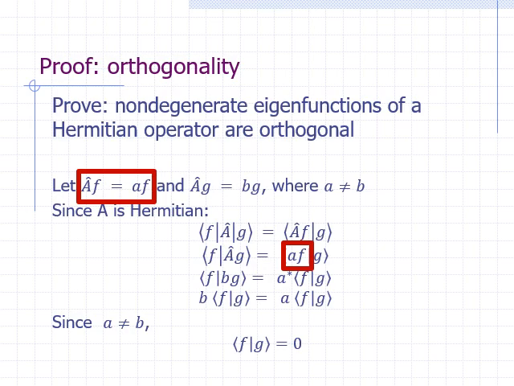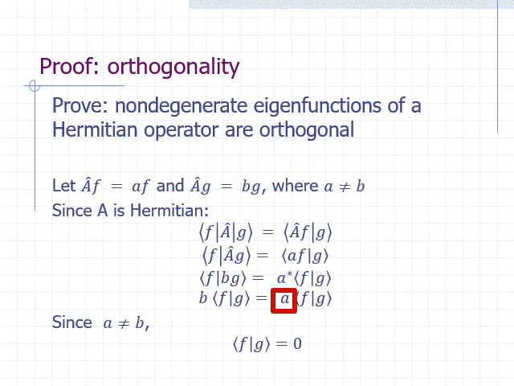Since f is an eigenfunction of A with eigenvalue little a, we replace A hat f by little a times f. Since little a is a constant, we can pull it out of the integral as a star. Note that little a inside the bra actually means a star. But all eigenvalues of a Hermitian operator are real, so we can replace a star by a.